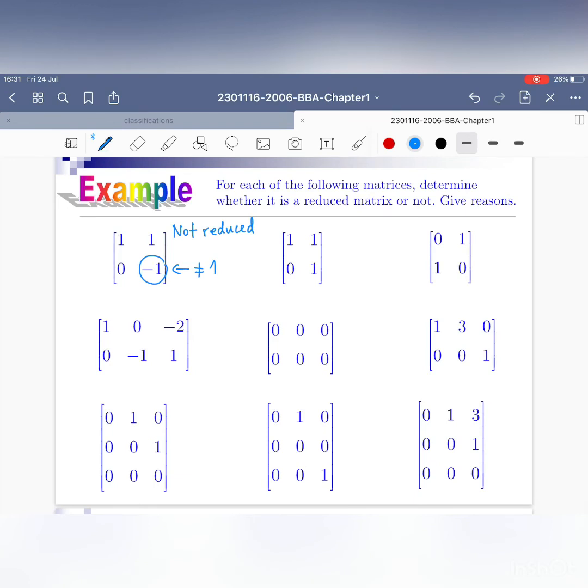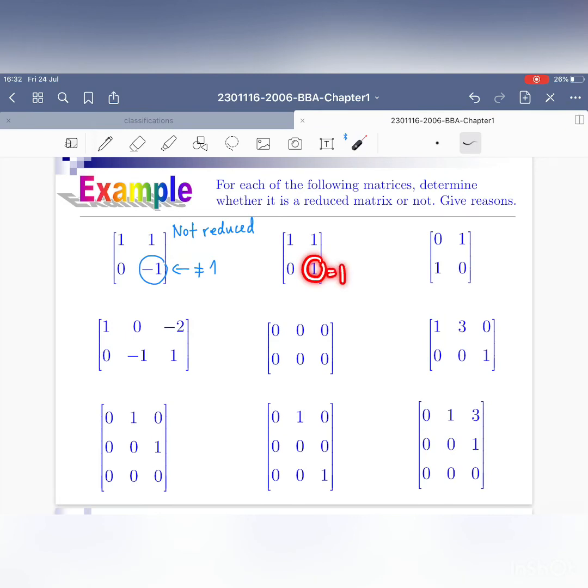All right. How about this one? Here is a non-zero row. There is your leading. So your leading is 1, and the rest in that column, it is 0. So it is okay. How about this one? This is non-zero row again. Here's the leading of the second row.